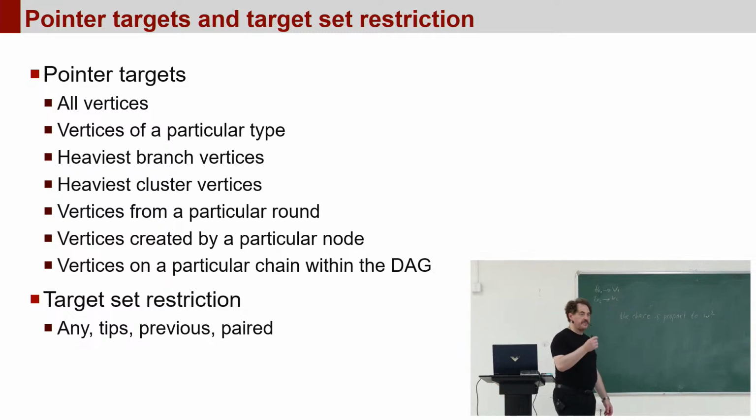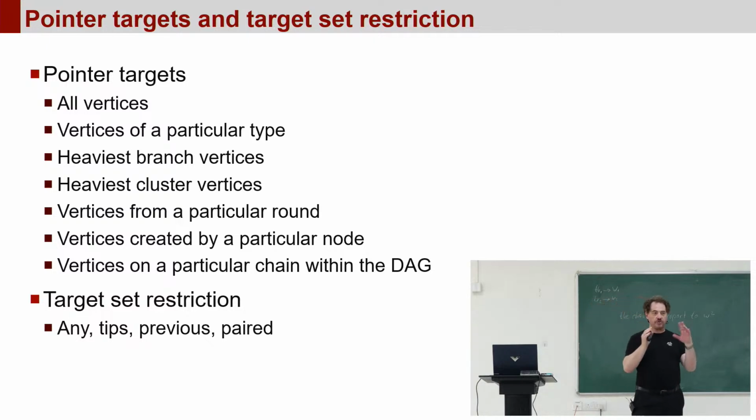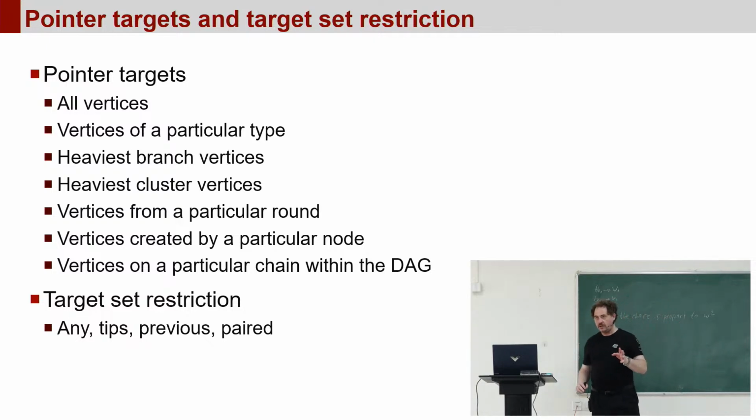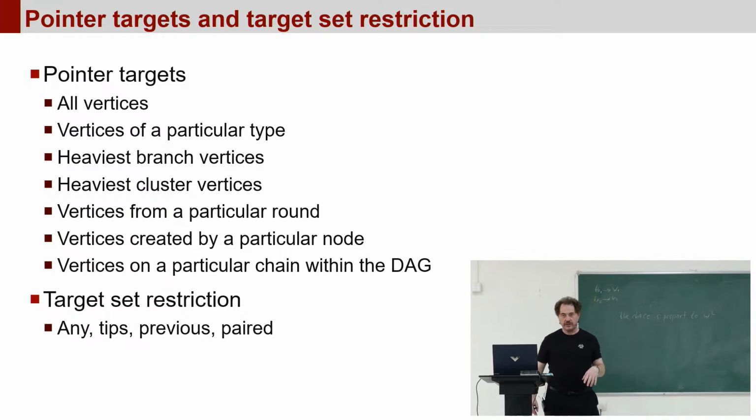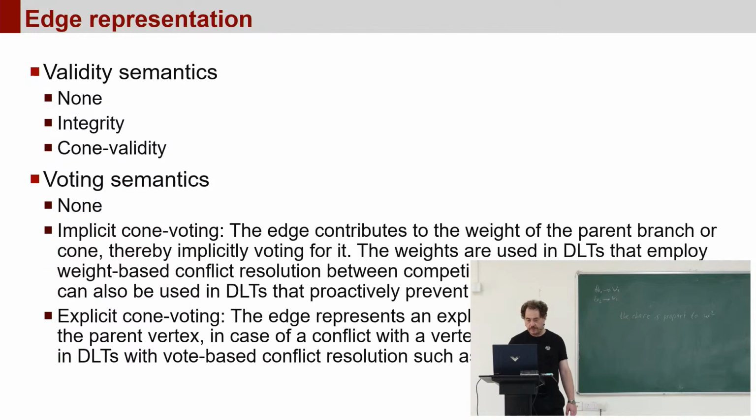Some systems operate by rounds, and there are vertices created at each round. Like classical BFT protocols, they have rounds, and for each round there are new vertices, and we select vertices of a particular round. Sometimes it could be vertices created by a particular node, and there are other cases. Target set restriction: we can create tips, paired, previous. Now it's getting more interesting.